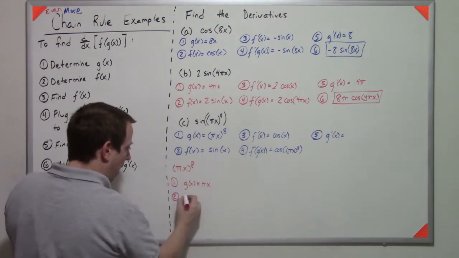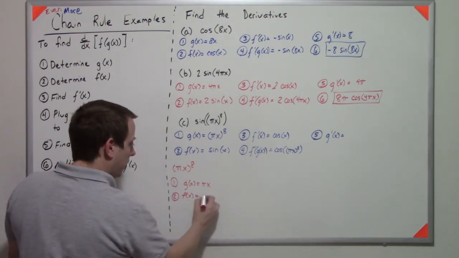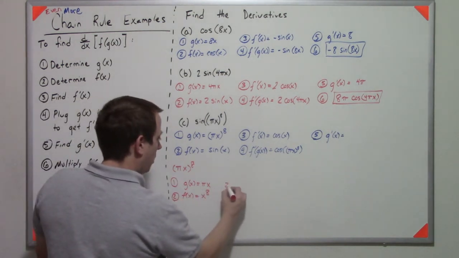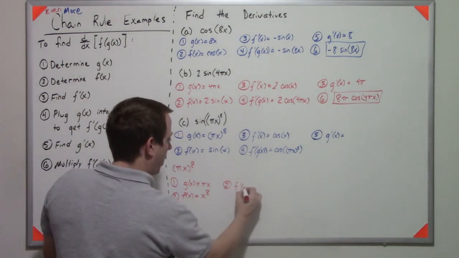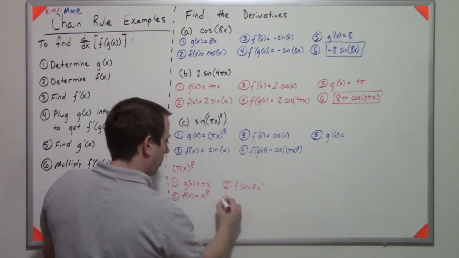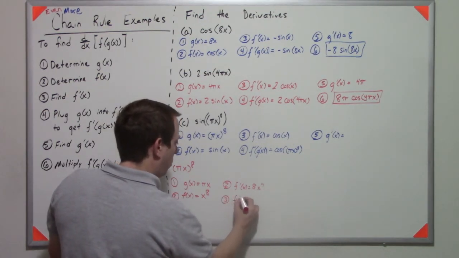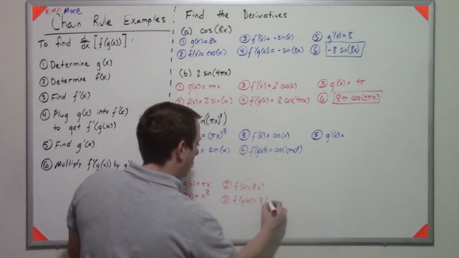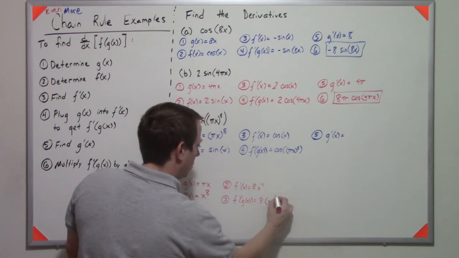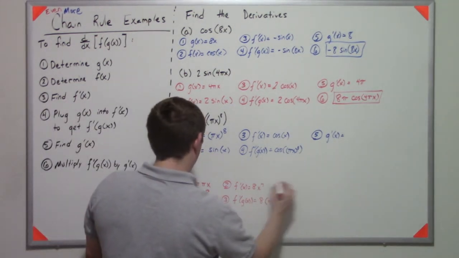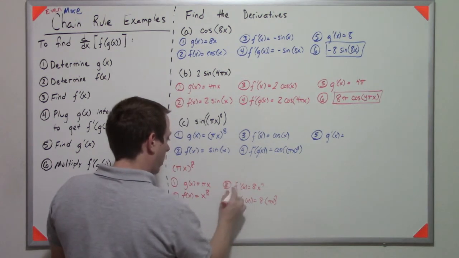Whatever's left, my outside function is x to the 8th. So f prime of x is 8x to the 7th. So f prime at g is 8 pi x to the 7th. Well, I'm definitely bad at numbering, aren't I?